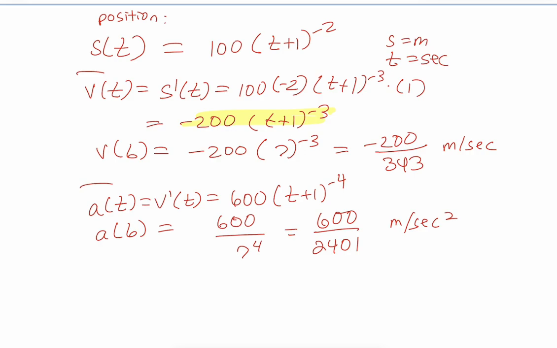Why they picked 6 when nothing made it look nice after that? Yeah. So just remember, main takeaway from that: the first derivative of position is velocity. The second derivative of that is your acceleration.